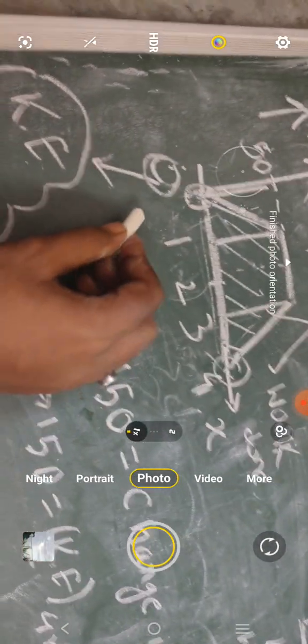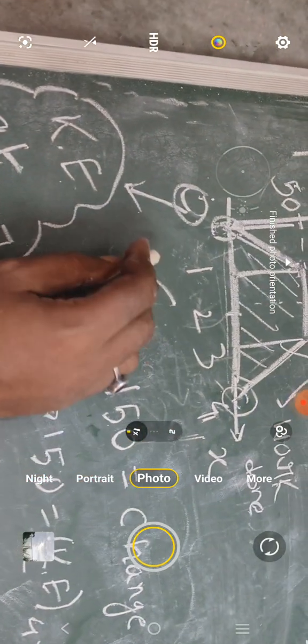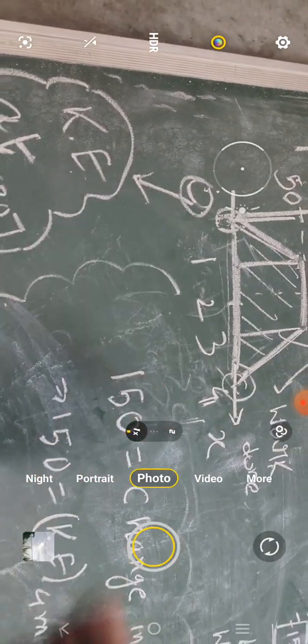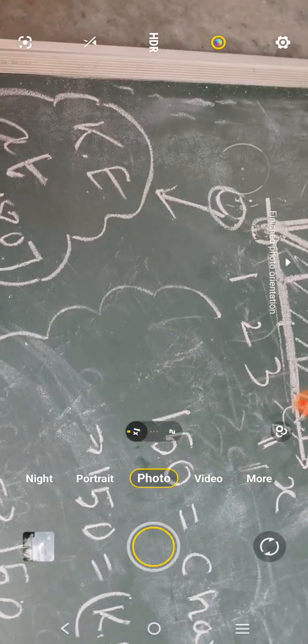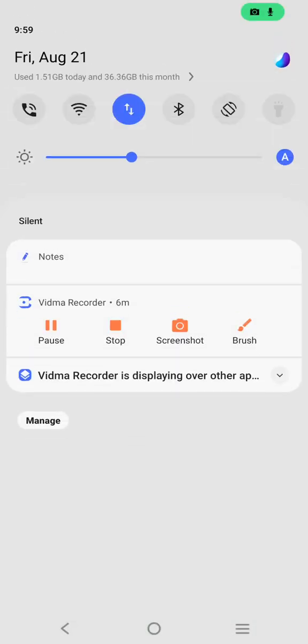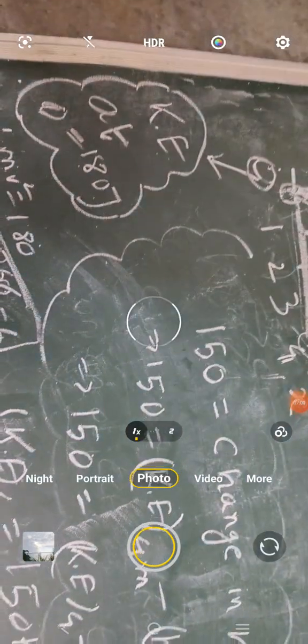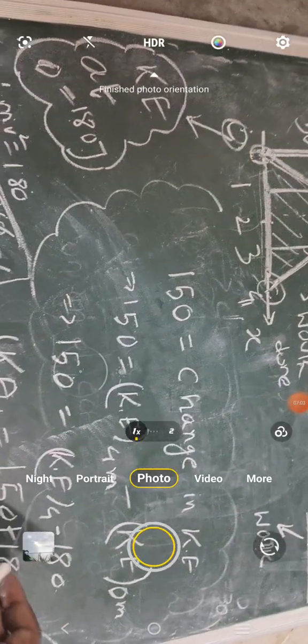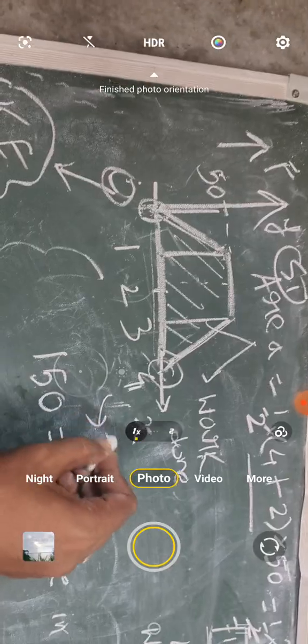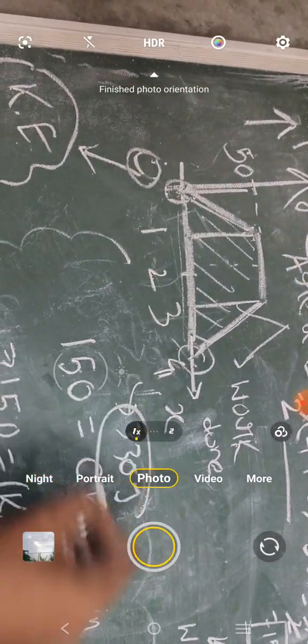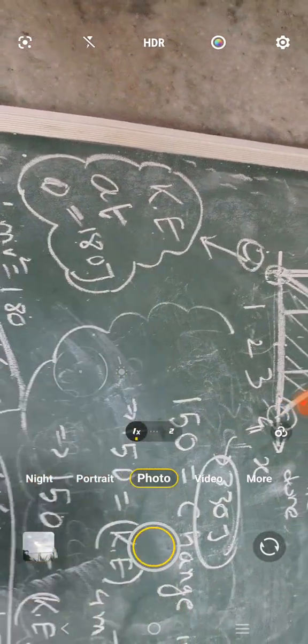So we have got kinetic energy at point 4 as 330 joule, and at point O we have kinetic energy 180 joule.